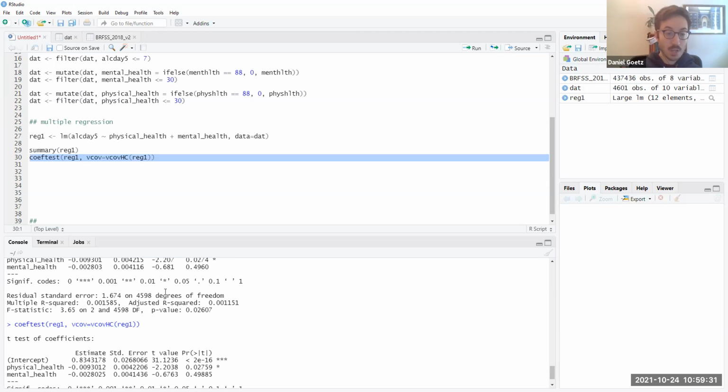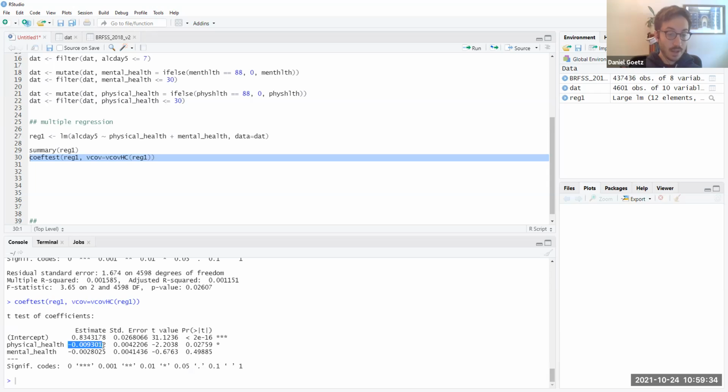So interpretation time. If you report having poor physical health for 1 extra day in the past month, that will lead you on average, oh, I'm sorry, these are negative. These are negative coefficients. Actually, that's kind of the opposite of what we expected, isn't it? We thought more days of poor physical or mental health would lead to more days drinking, but that's not true. Actually, more days of poor physical health leads to fewer days spent drinking.